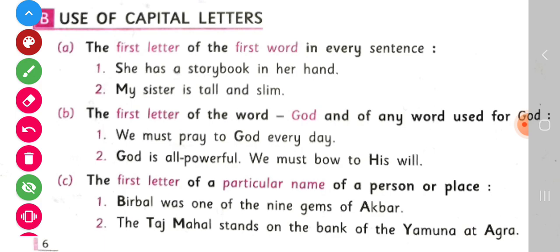Now, next rule is the first letter of a particular name of a person or place is always capital. For example, Birbal was one of the 9 gems of Akbar. Here are two particular names, Birbal and Akbar.